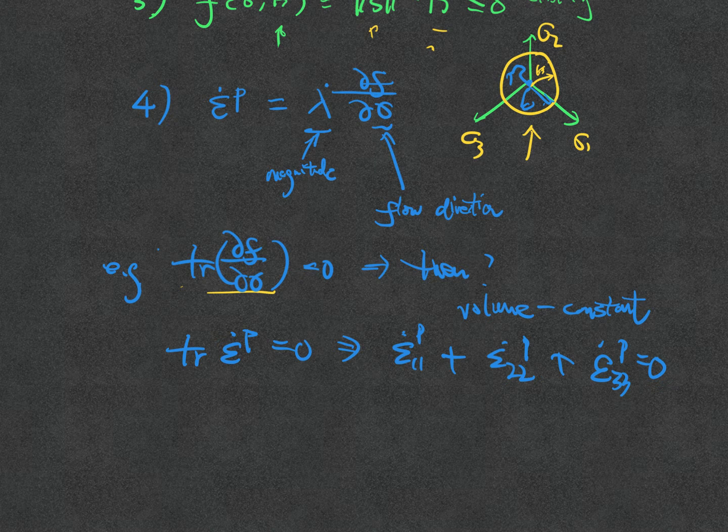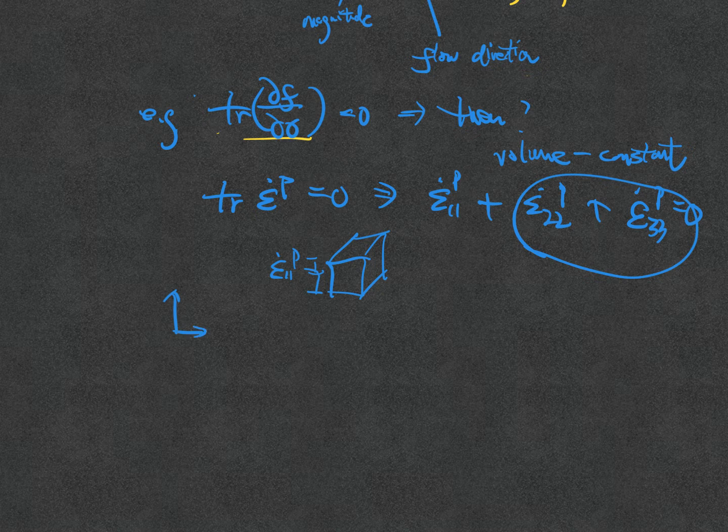Because if I imagine that I have a cube, and I squeeze this part by having an ε_11^p, it will be compensated by the other two, so that in summary the volume would not change. Okay, you see what I mean? So if I have x, y, and z, and a cube where the lengths are all L, I'm saying that delta x plus delta y plus delta z is equal to 0.